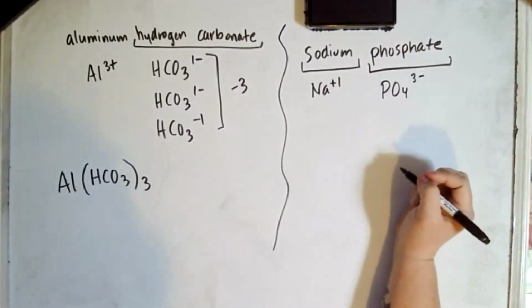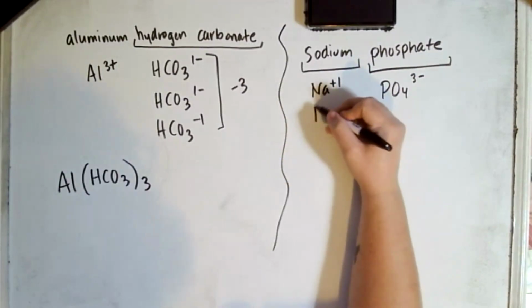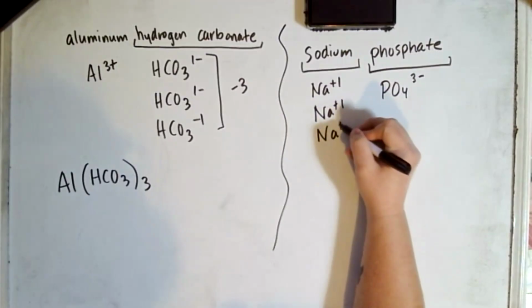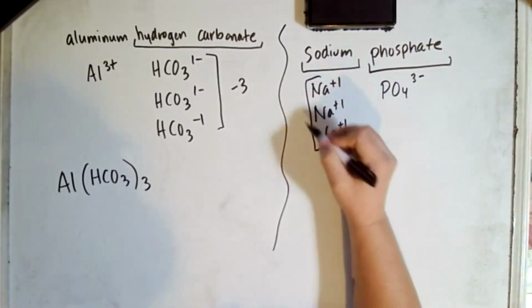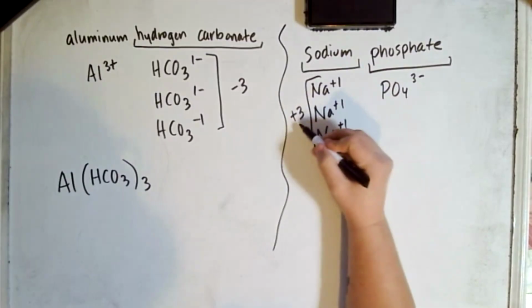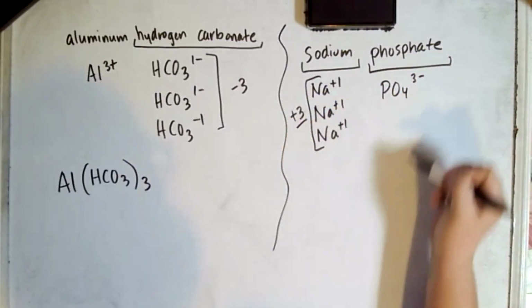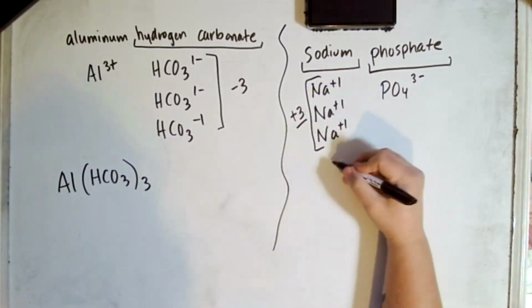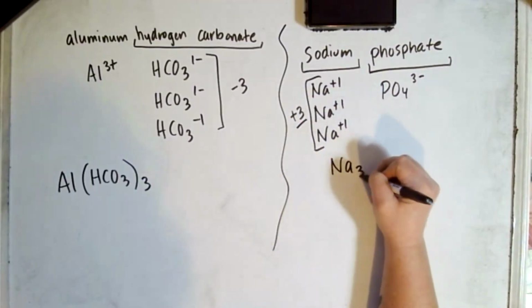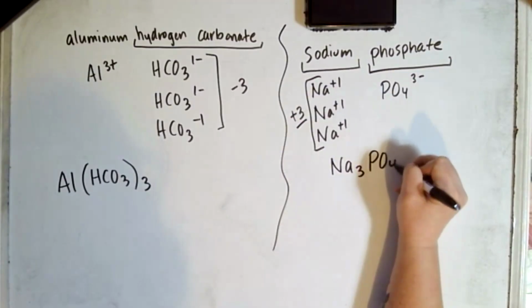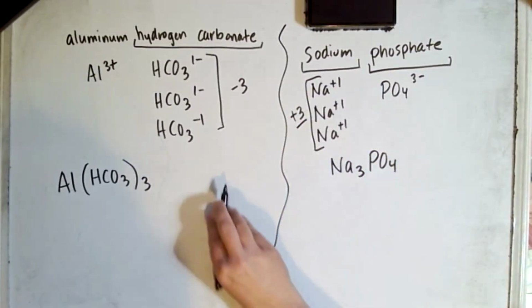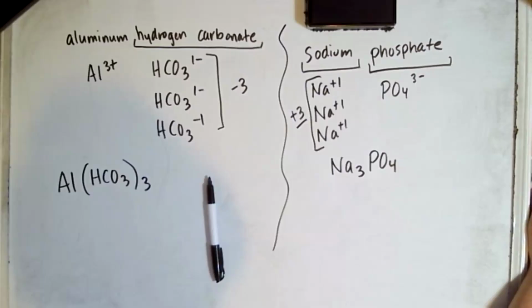So when we look at that charge difference, I need 3 sodium ions to add up to a +3 to counteract the -3 charge from my phosphate ion. And then you know that your formula is going to be Na3PO4 because you have 3 sodiums and 1 phosphate ion.